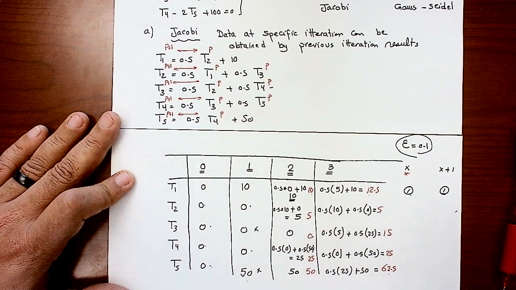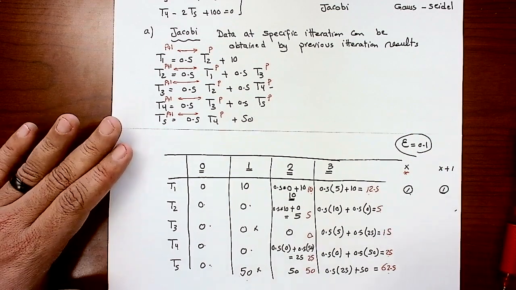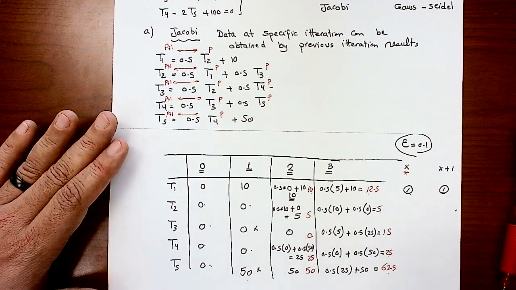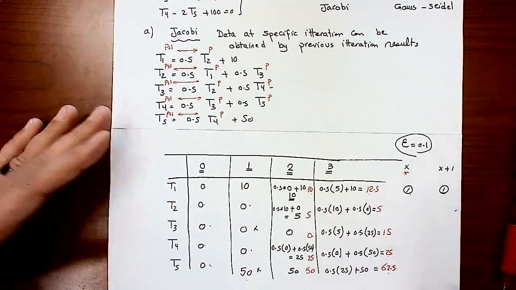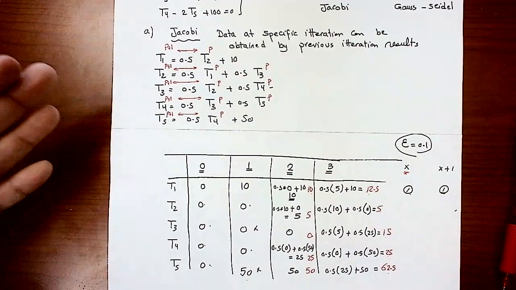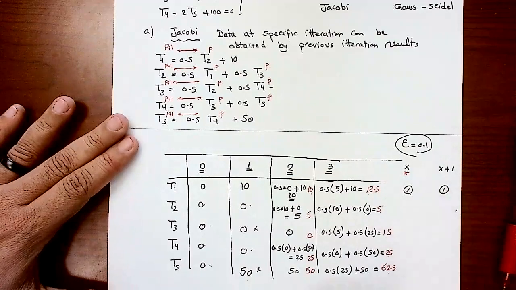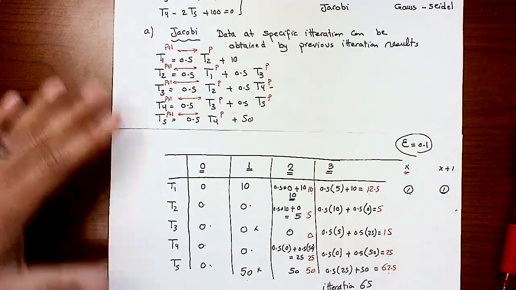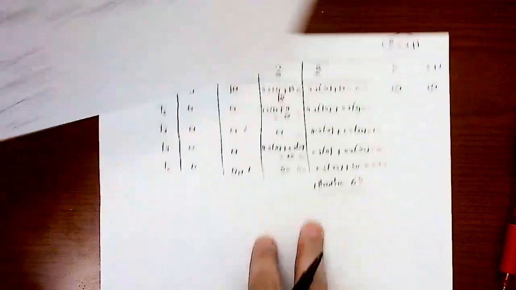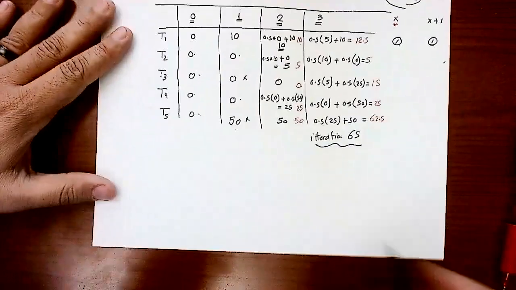Okay? So if you keep iterating, I think I reached iteration 64, 65. I found that epsilon is very minor. I think I reached 0.01 at iteration 65. At iteration 65, I got the following values for the 5 temperatures.